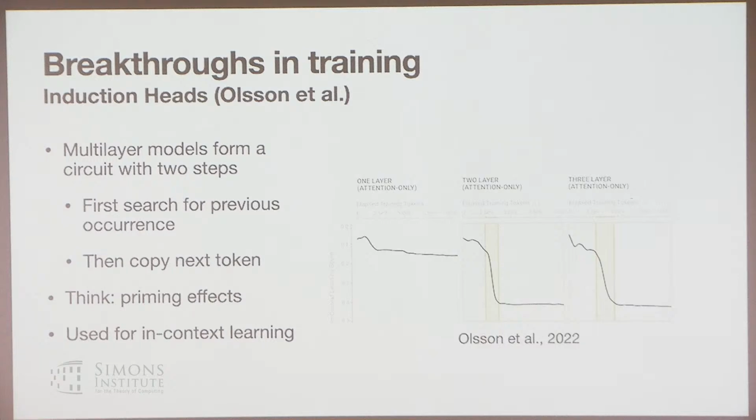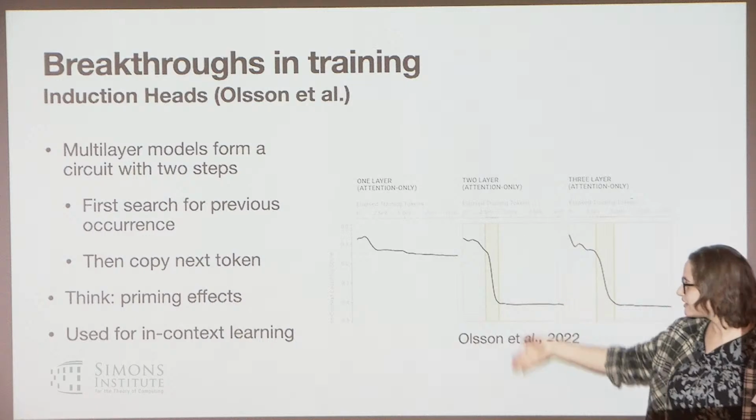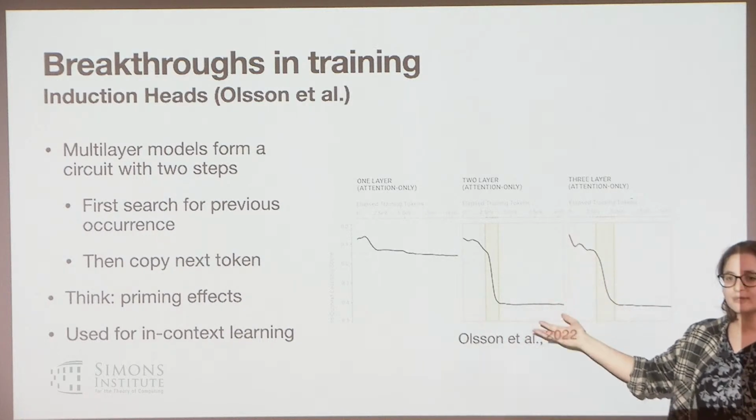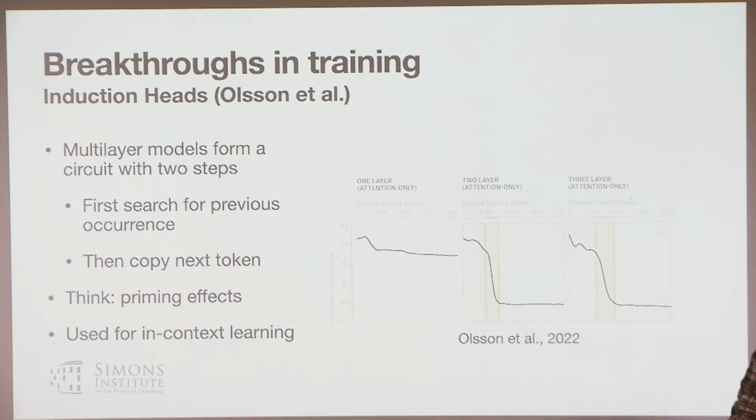This is essentially like a syntactic priming effect, but it's particularly useful for developing in-context learning, which is what you see measured over here: a sudden model improvement on in-context learning in particular.